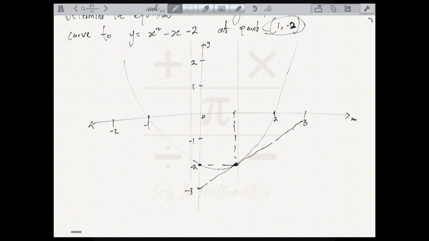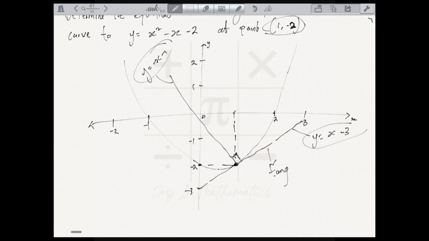This is the tangent, y equals x minus 3, and the normal will be perpendicular to it in this format. And the equation of the normal is y equals minus x minus 1. So we have the tangent and we have the normal.